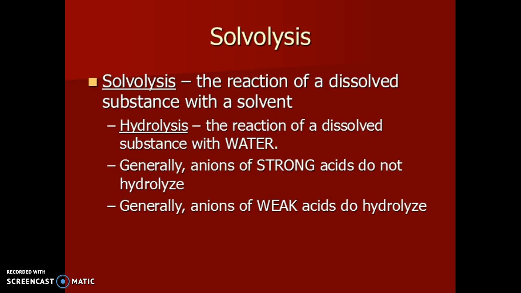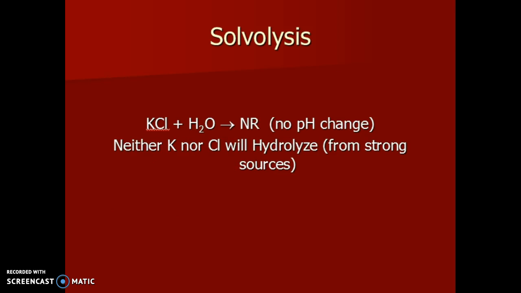So let's see what this looks like in practice. Let's look at a familiar example here. We have KCl. If KCl dissolves in water, it's going to form potassium and chloride ions. If the potassium ion re-reacts with water, it would form potassium hydroxide, a strong base. Since that is aqueous and it will dissociate again to 100%, that reaction does not occur.